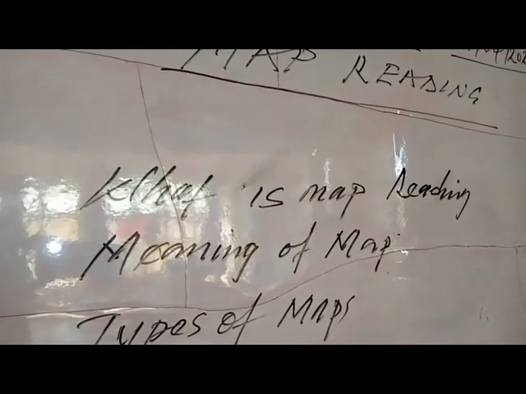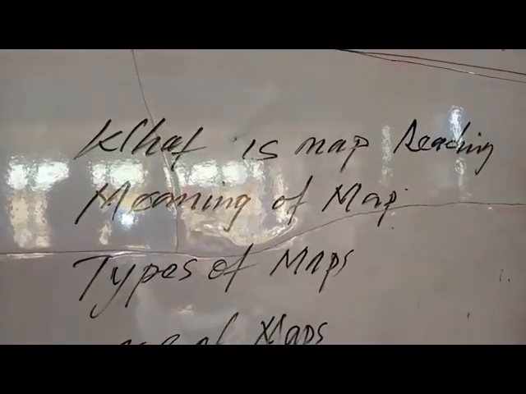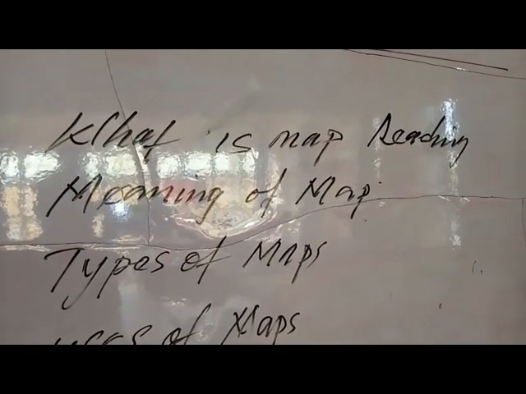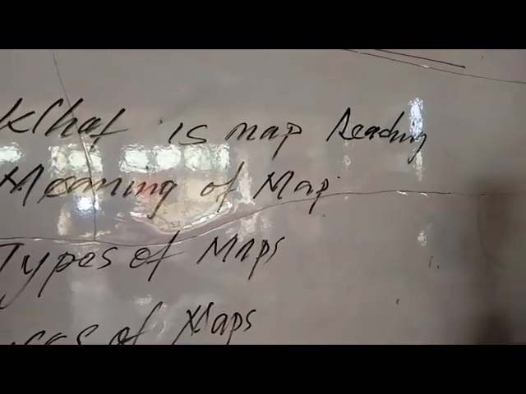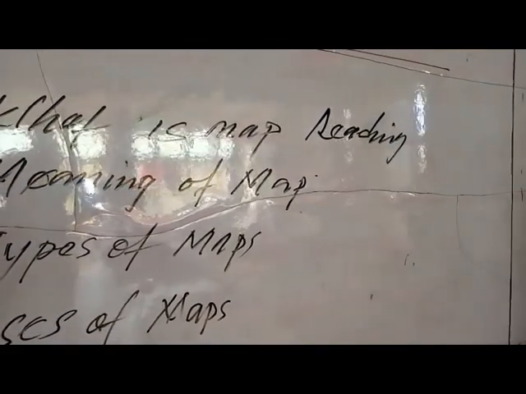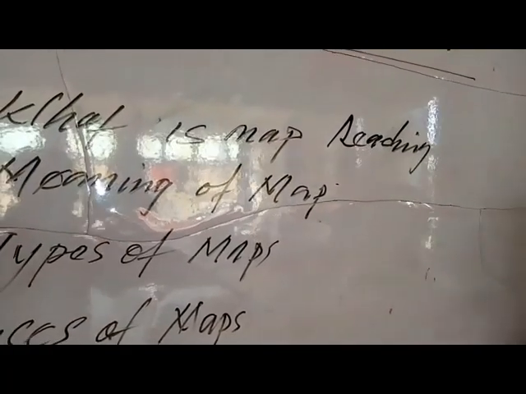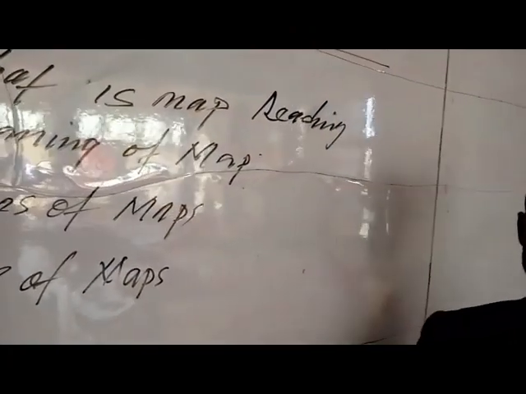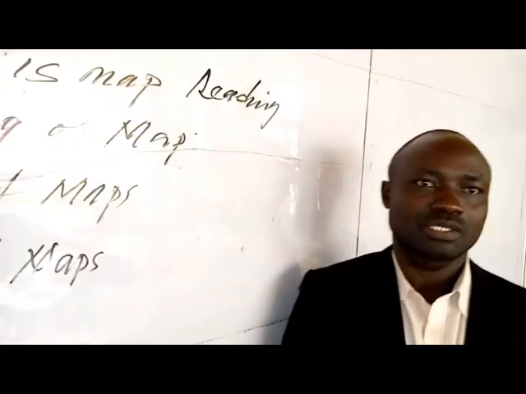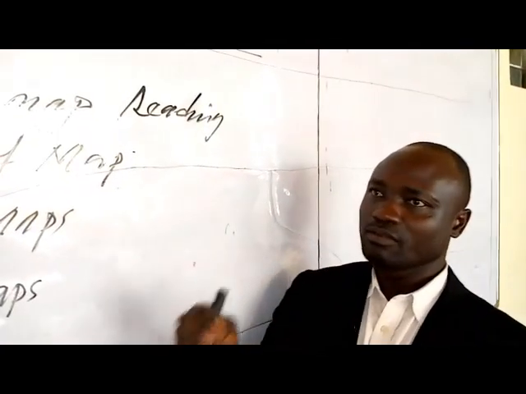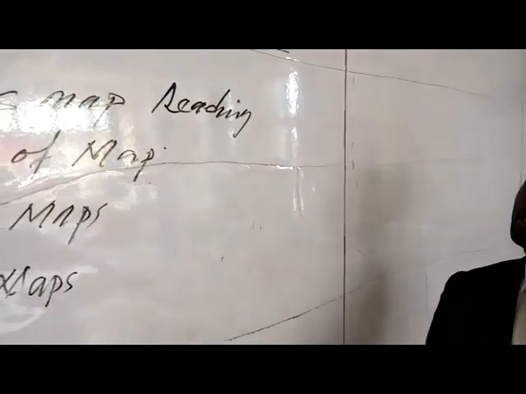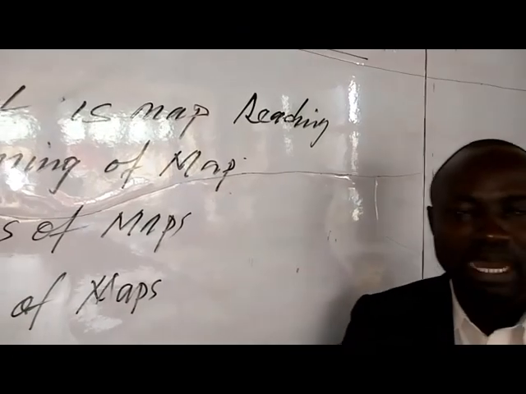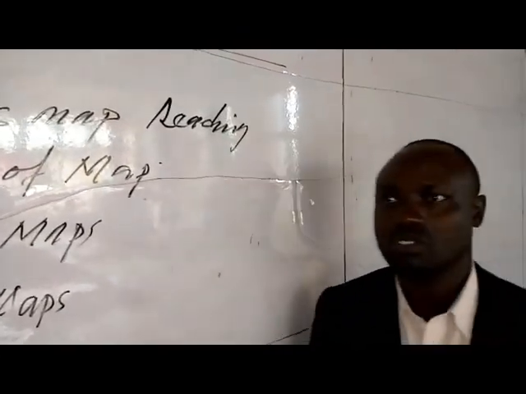Going by what you have on the board, let's start with map reading as the first introduction of the real map itself. Map reading falls under visual literacy, in the sense that it is the ability or the art of learning images on maps, signs, symbols.